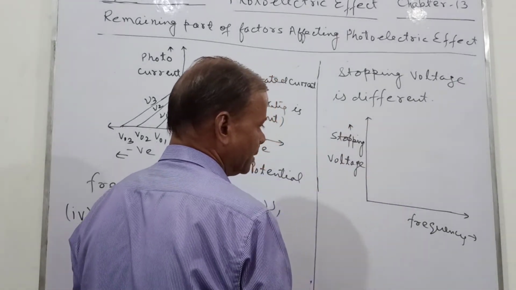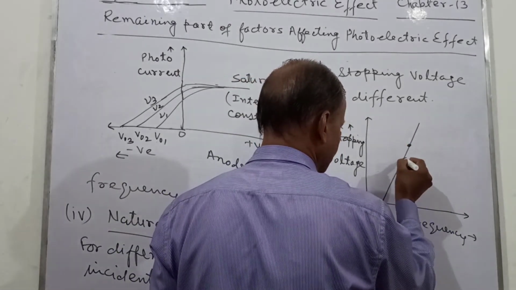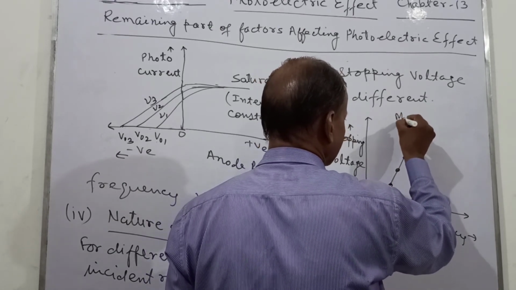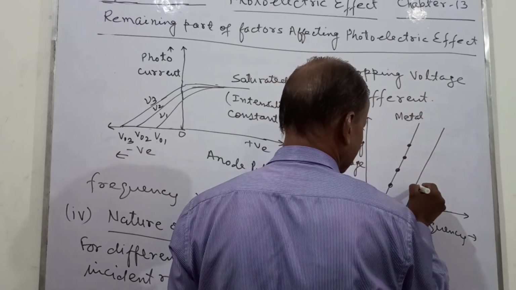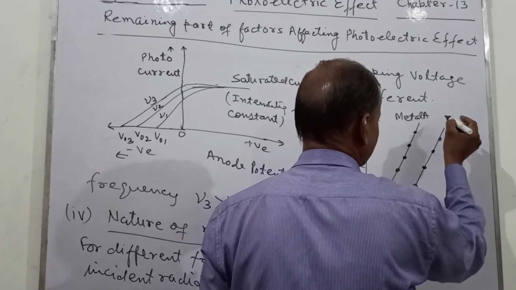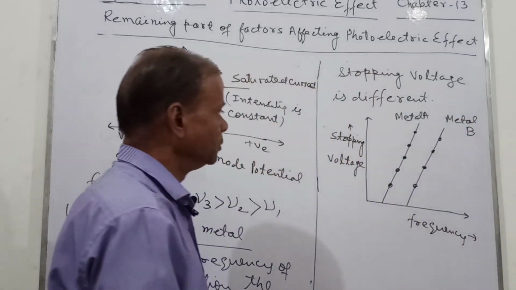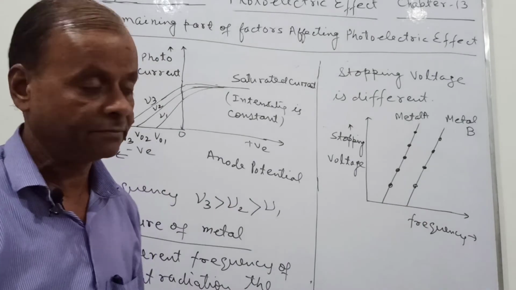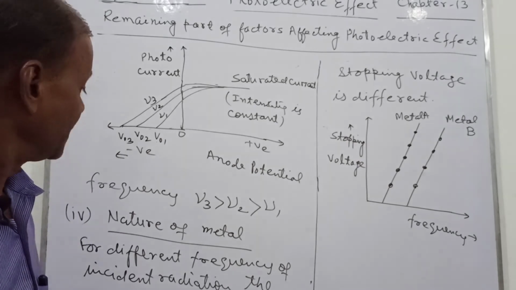This is metal A, and this is metal B. For different metals, the graphs are different. They are parallel to each other, but shifted. So this is the effect of the metal.